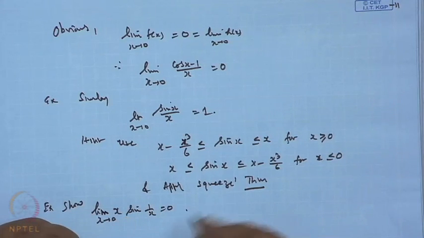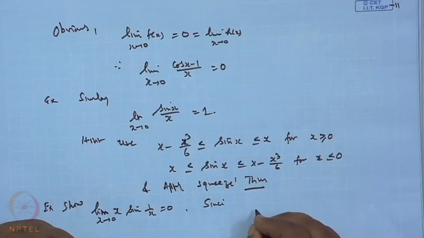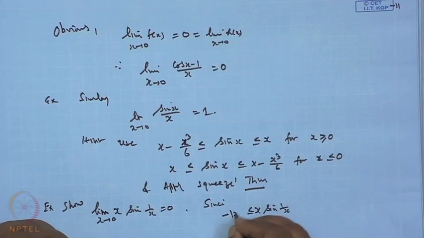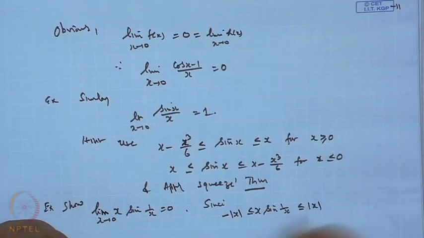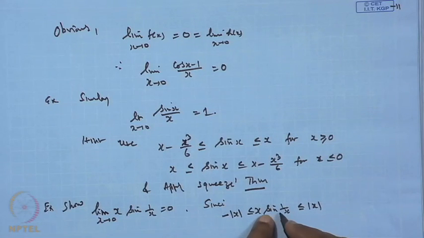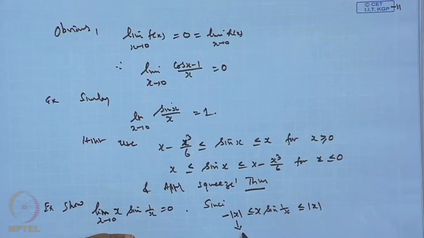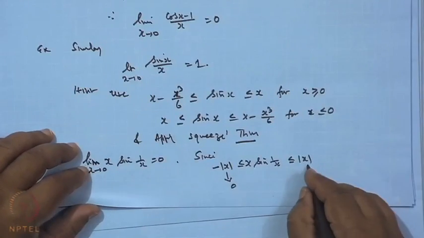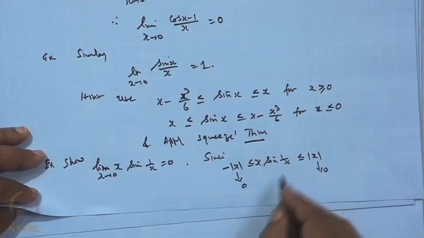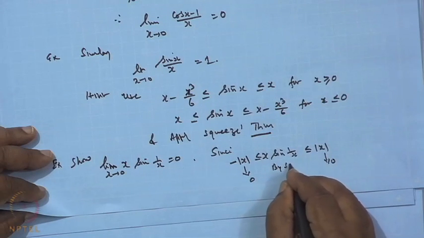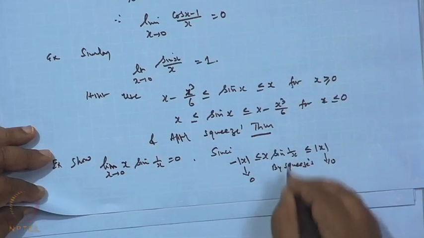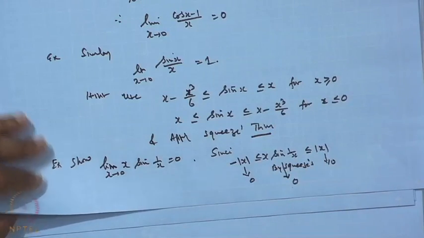So, clearly x sin(1 by x) will always be dominated by these two bounds, because sin(1 by x) is lying between minus 1 and plus 1. So, when you take x positive or x negative, it lies between minus mod x and plus mod x, and then this part is tending to 0, this part is tending to 0. So, by the squeeze theorem, this limit will go to 0, and that is what we wanted to prove.